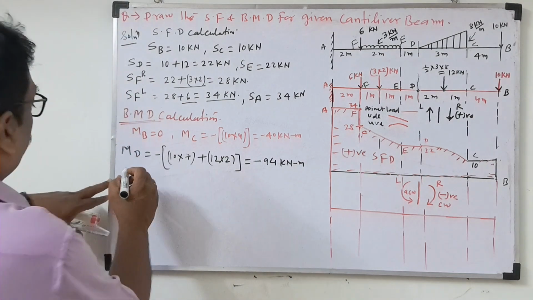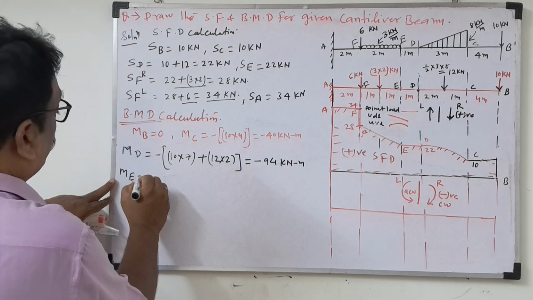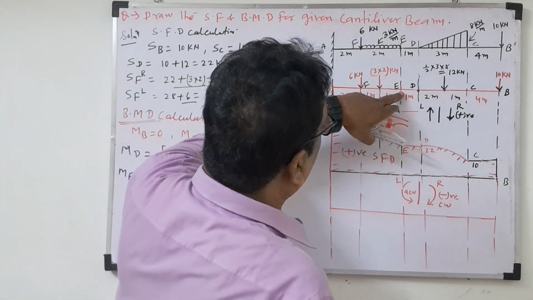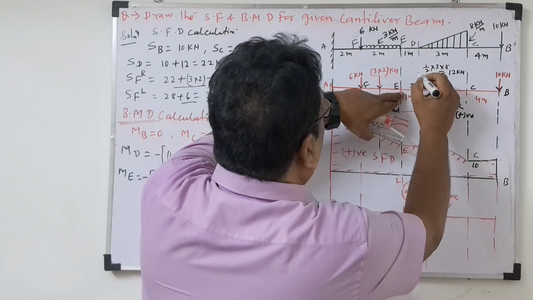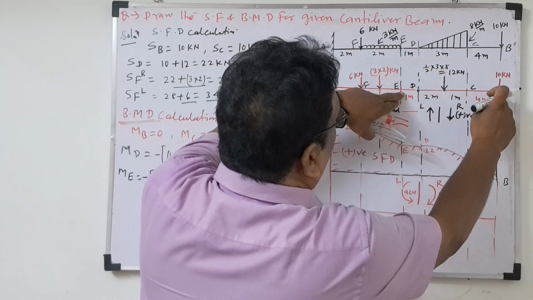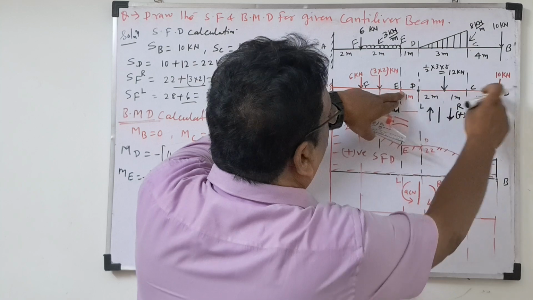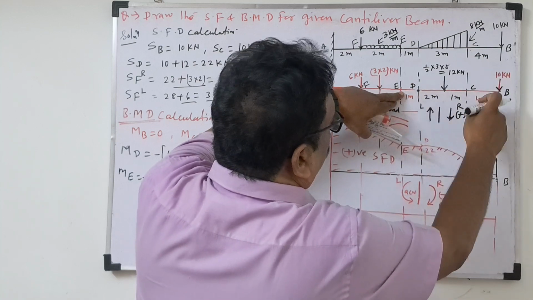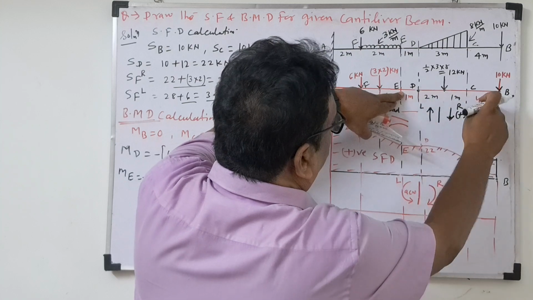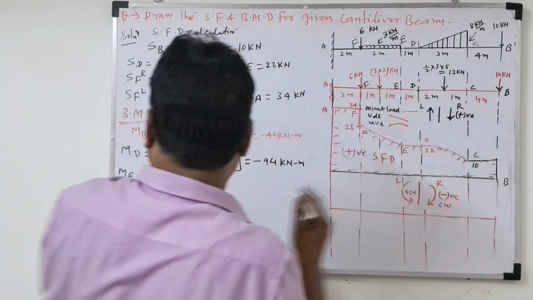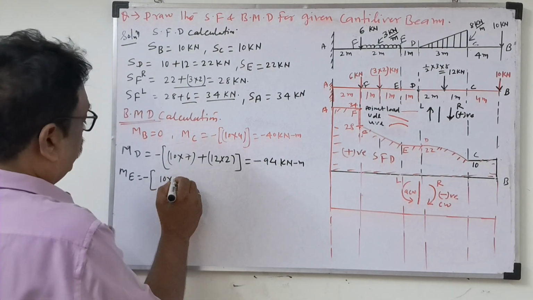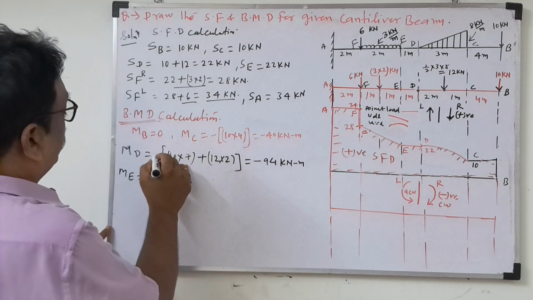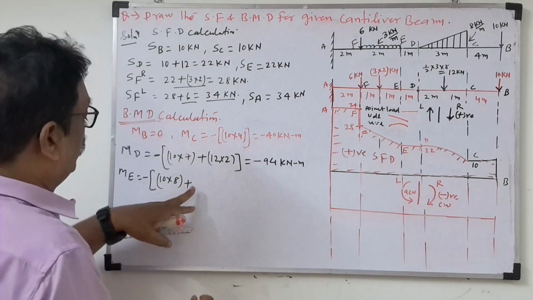Okay, now look here. Next E. Bending moment at E. Take negative first. Look at the load here. These are the lengths, distances only. Loads 1 and 2 are there in E. So 10 into the total distance, how much? 4, 2, 6, 2, 8. 10 into 8, plus, because the minus is already taken outside, everything inside should be written as plus only.